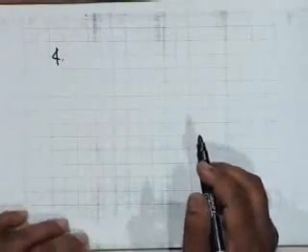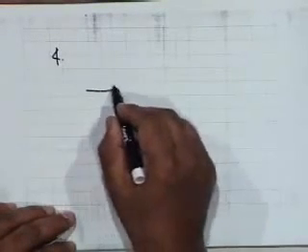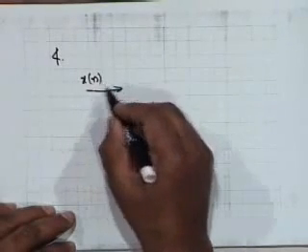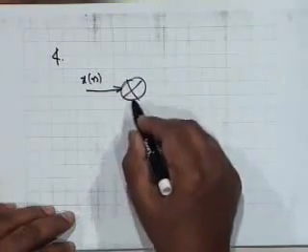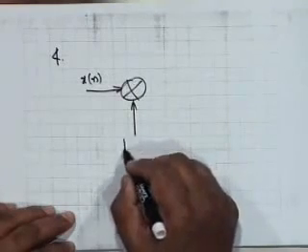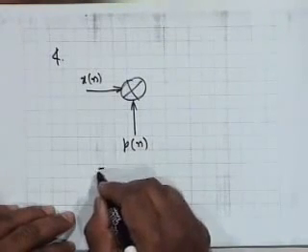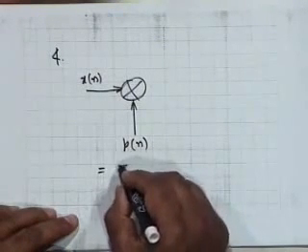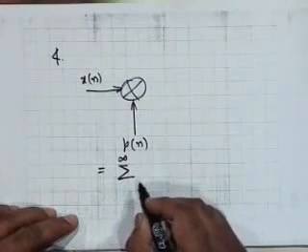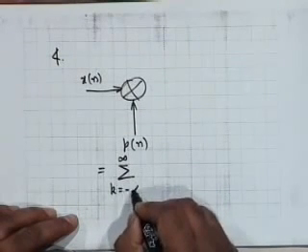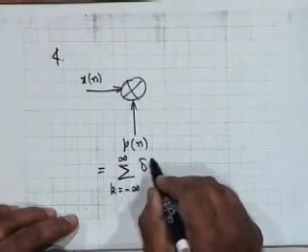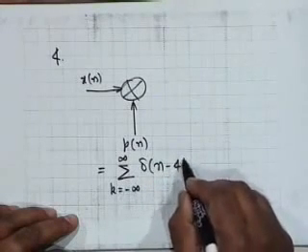Question number 4 was: in figure 2 below, a signal x of n, a discrete time signal, is sampled by the usual impulse sampling, but the impulse chain is of the form sum over k equal to minus infinity of delta of n minus 4k.